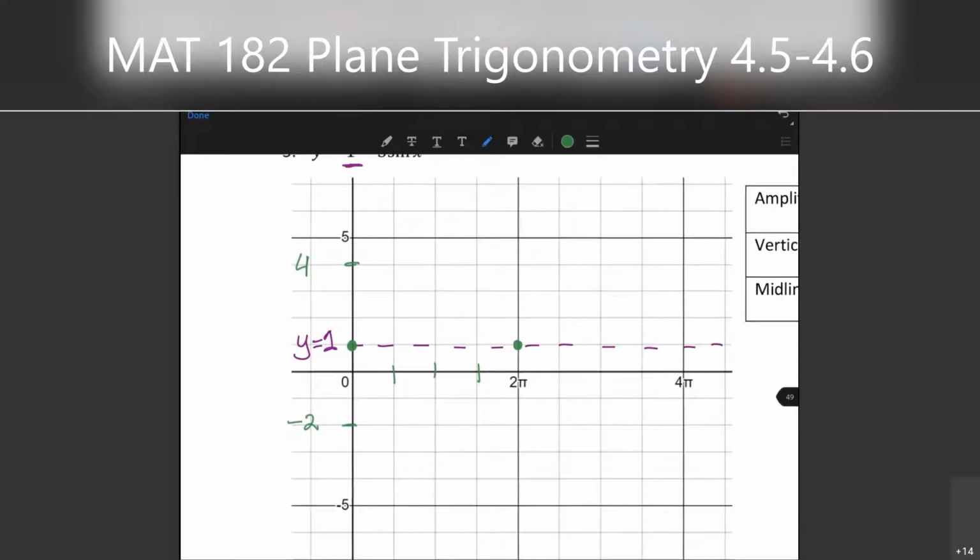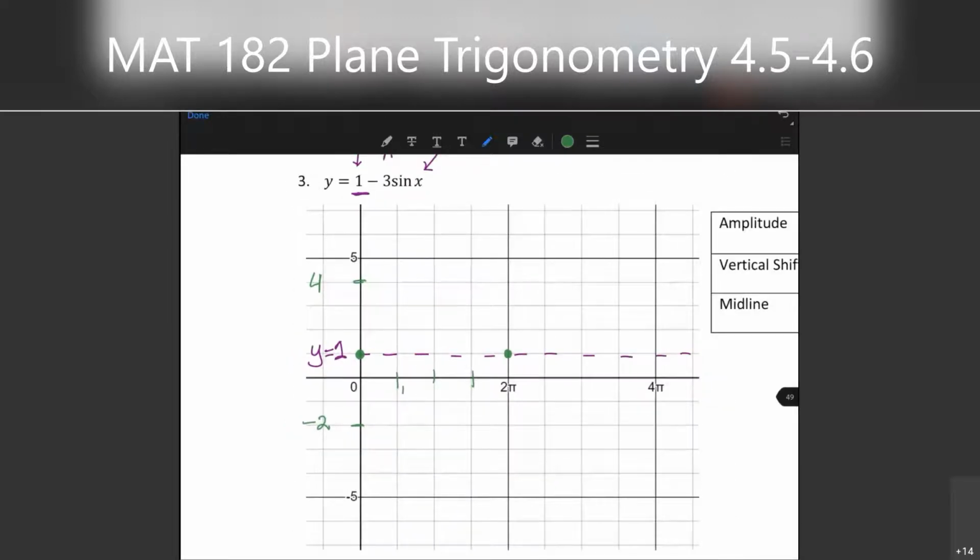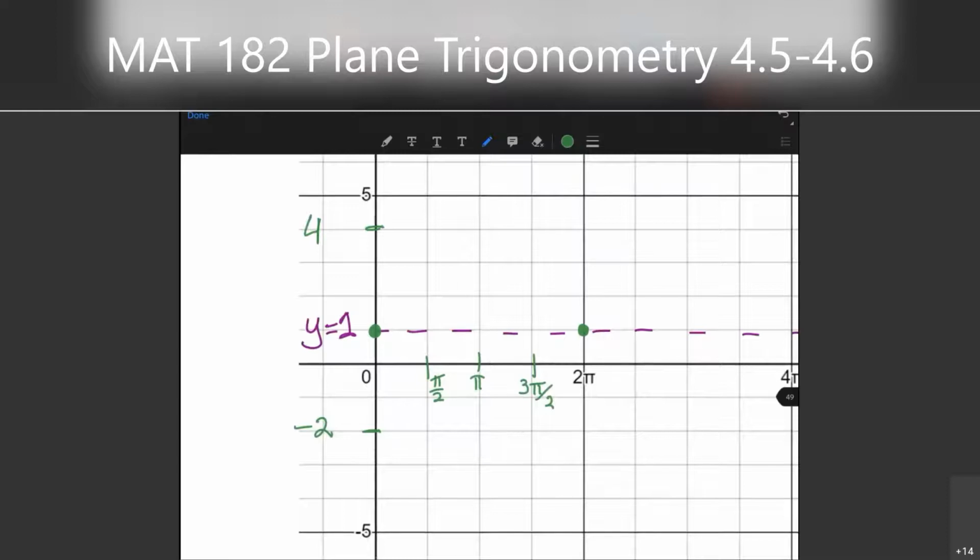All right. Notice that these points are really pi halves, pi units, and 3 pi halves. Those are the positions on the graph. So at pi halves, where's a marker for this one?